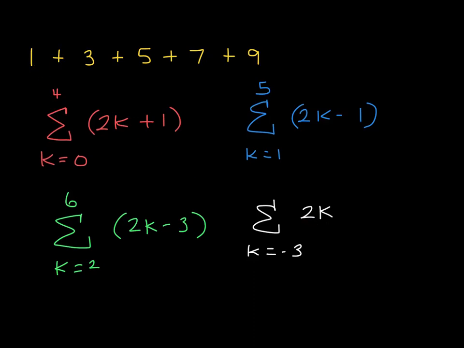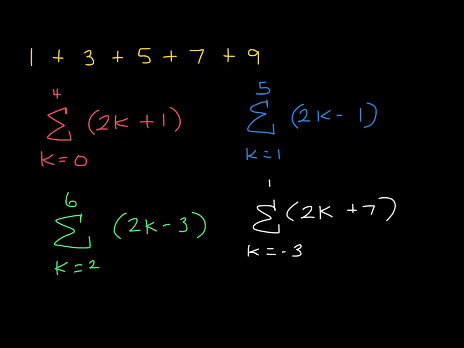And if you want to end up with 1, then you're going to have to add 7. So 2k plus 7, right? If you start with -3, this expression is going to give you 1. And if you want to end up with 9, then plug in 1 for k, right? 2 times 1, then plus 7 would be 9. So k is going to have to go from -3 to 1.